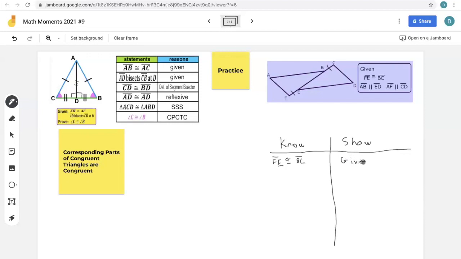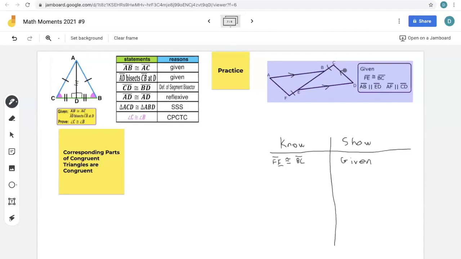So then we also have AB is parallel to ED, and then AF is parallel to CD. So let's see, AB is this one here. It's parallel to ED. This little arrow shows that two things are parallel.